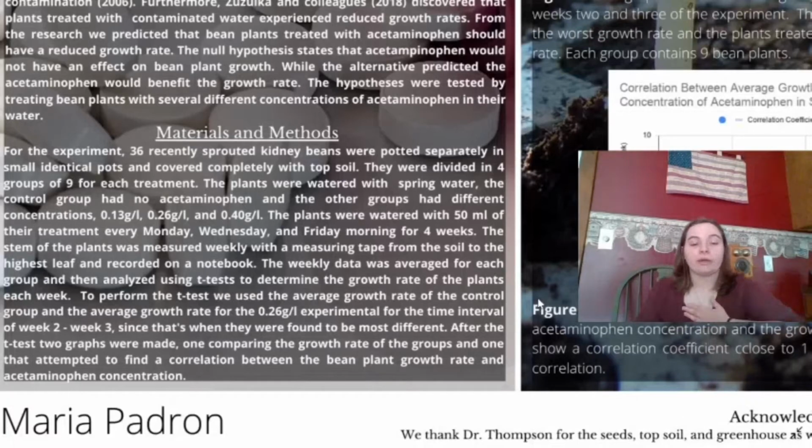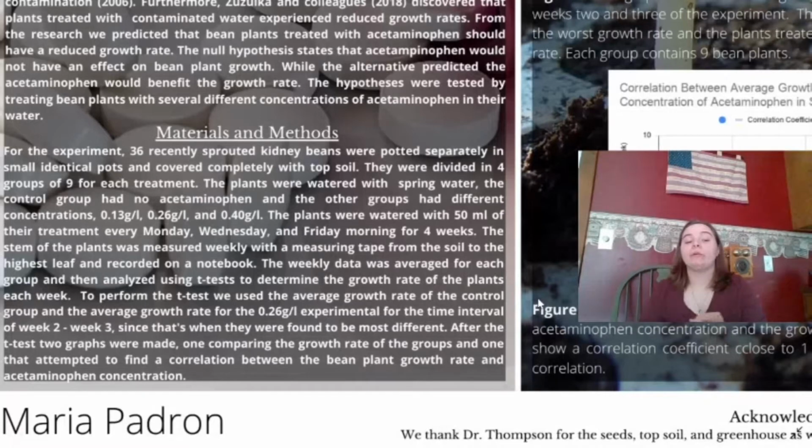Then we performed a t-test comparing the average growth rate of the control group to the average growth rate of the experimental group that had 0.26 grams per liter of acetaminophen, between the second and third week, because those proved to be the most different from each other at that time.